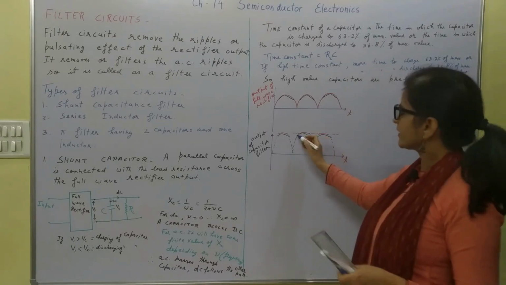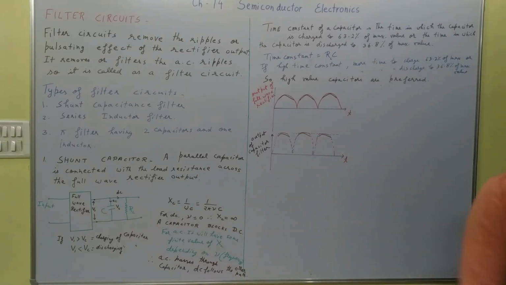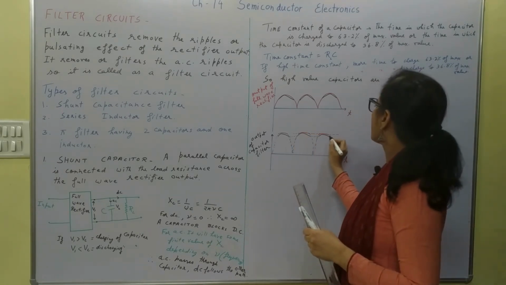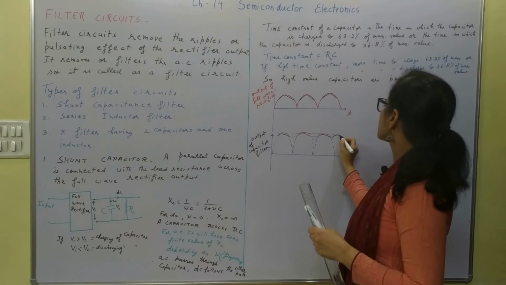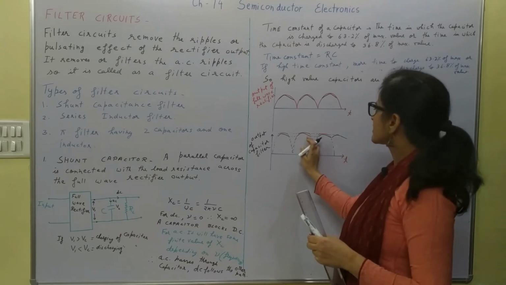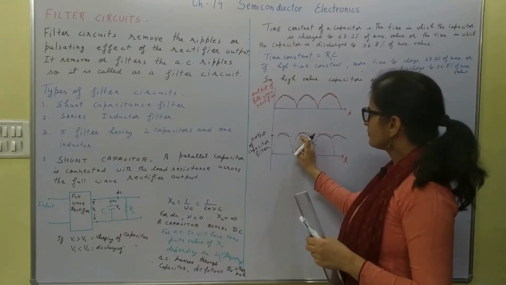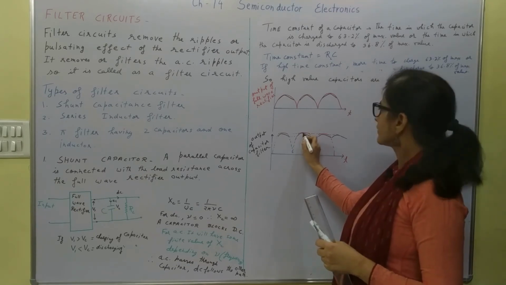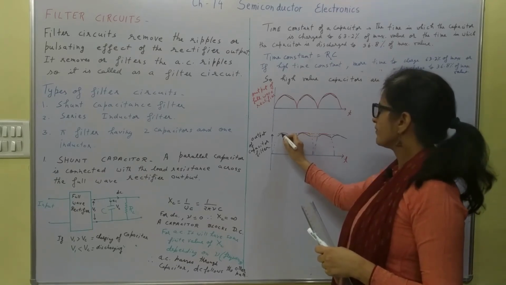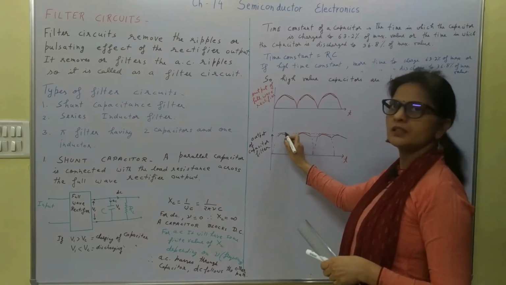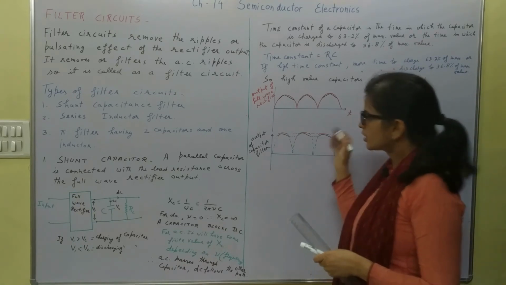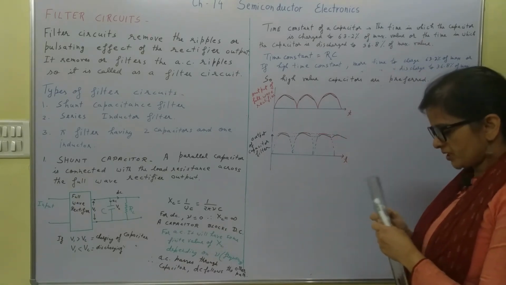So we are actually getting this output from the capacitance circuit, because this time is stretched and the peak value of the capacitor voltage is this much, which is very near to the peak value of the full wave rectifier, right? So this was about the shunt capacitor.